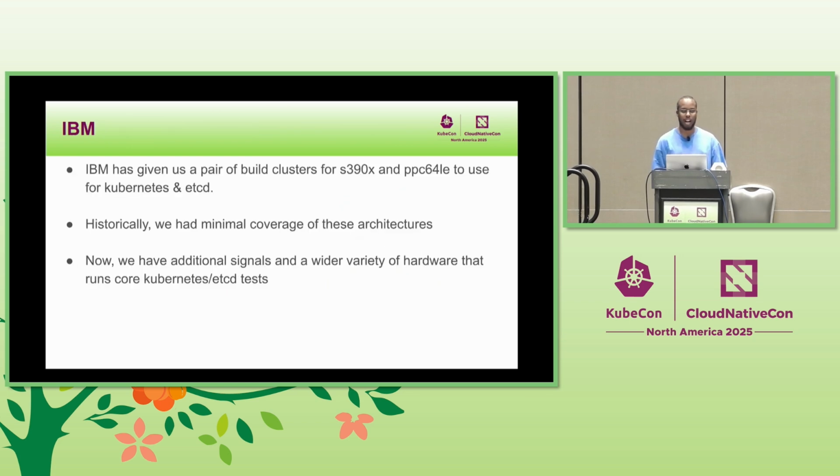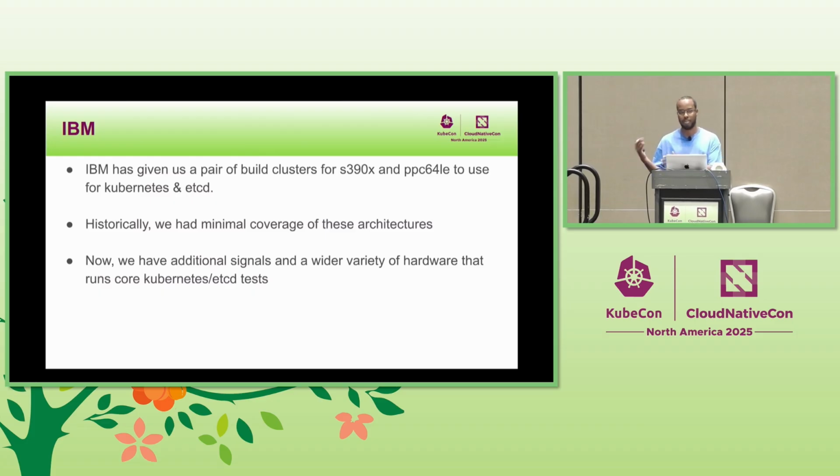IBM gave us a pair of Kubernetes build clusters for the s390x and ppc64le architectures for use with Kubernetes and etcd. Historically, we never tested on these platforms ourselves. In the past, IBM used to test the stuff and give us the data.